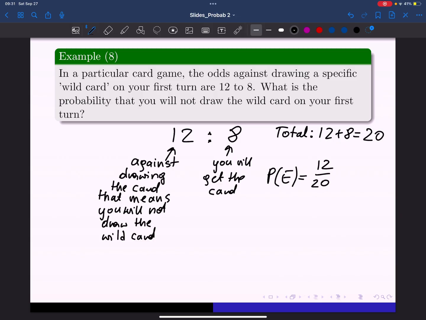We can reduce this, and it would be 0.6, or 60%. This is the 60% chance that we will not draw the wild card. So we need to pay attention to what the odds say. Odds against drawing is against, and this is in favor of drawing the card.